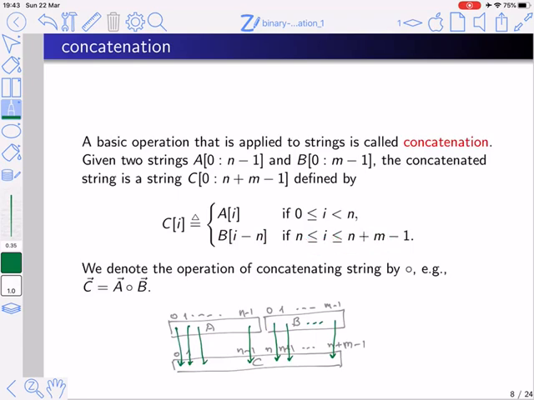This is exactly what we see here in the depiction.